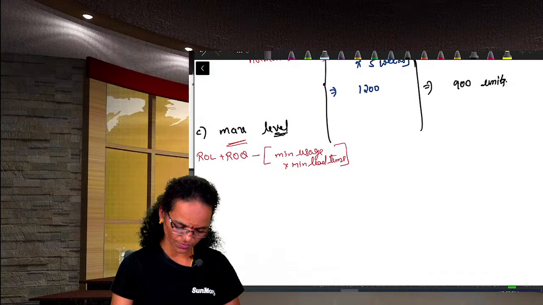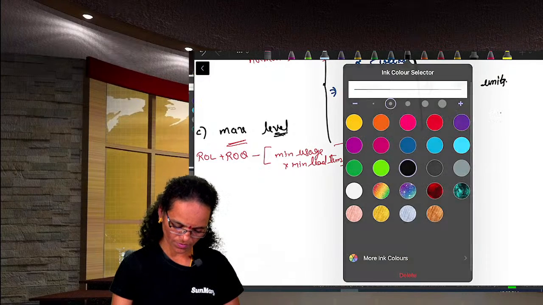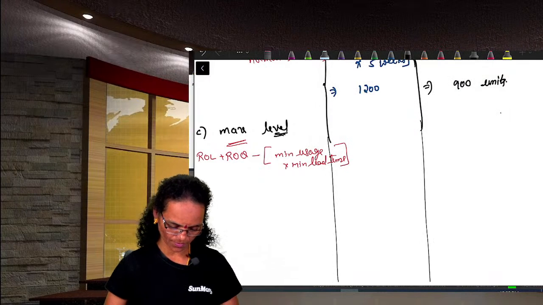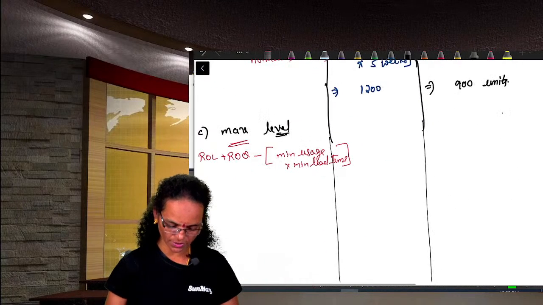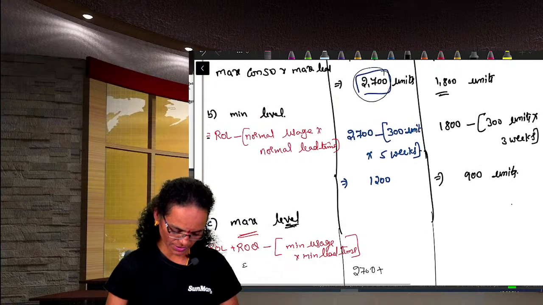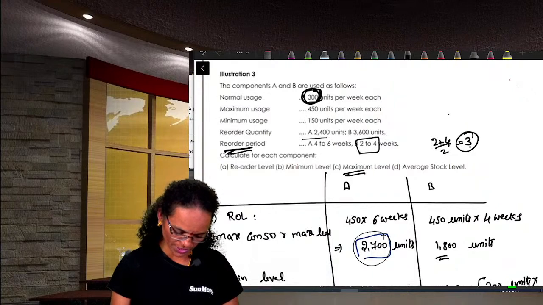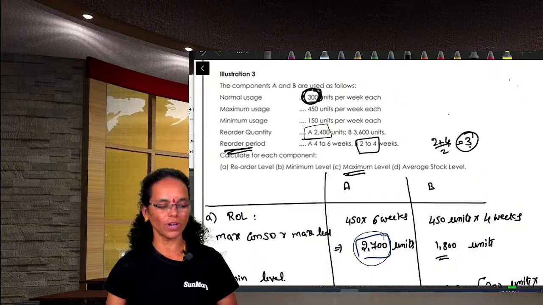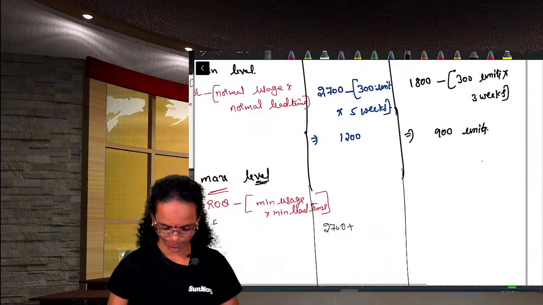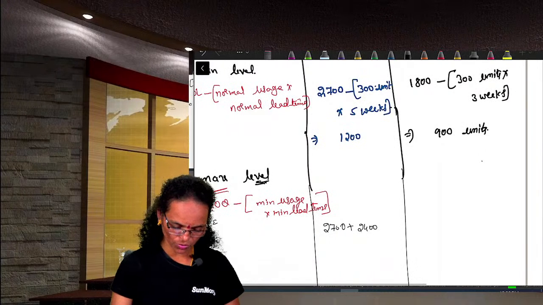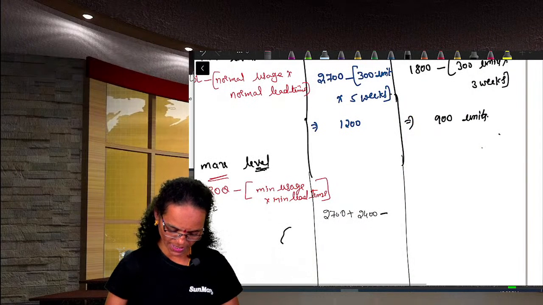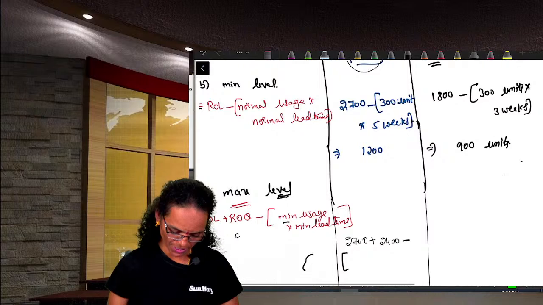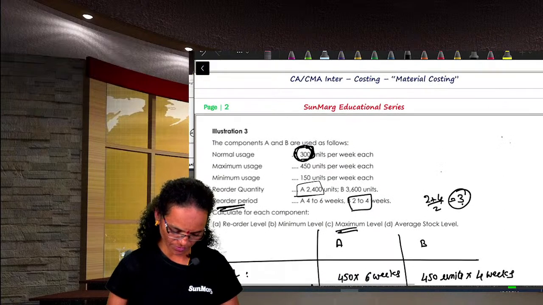So, reorder level 2700 plus reorder quantity, given in the question itself, 2400 units, minus minimum usage into minimum lead time.